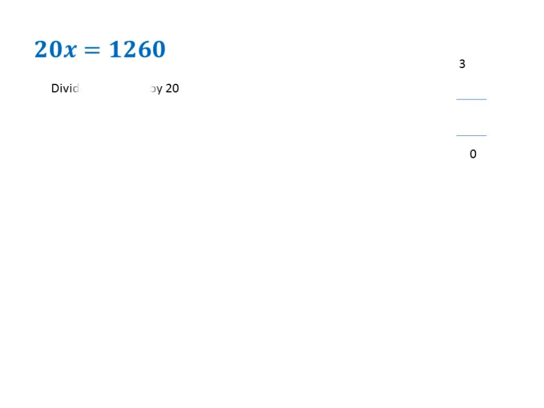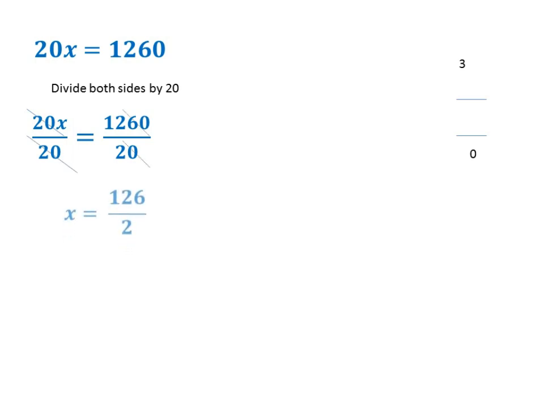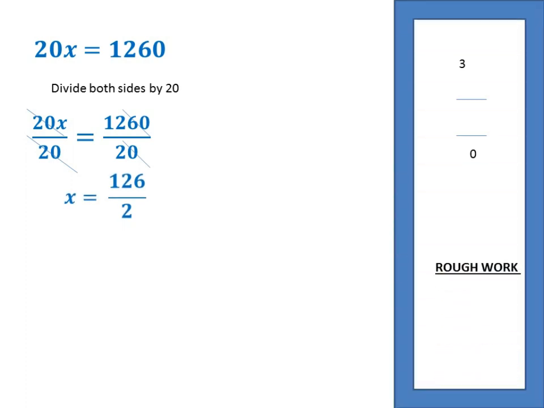In order to find the value of x, first we will isolate x. We can see that the number 20 is written with x over here. First we will divide both sides of the equation by 20. In this manner, x will be alone and x will be equal to 126/2. Now we are supposed to divide 126 by 2. In the rough column you can see the whole procedure.